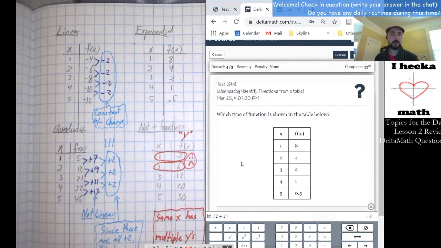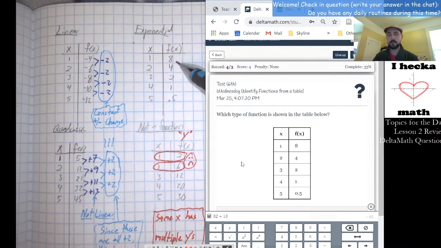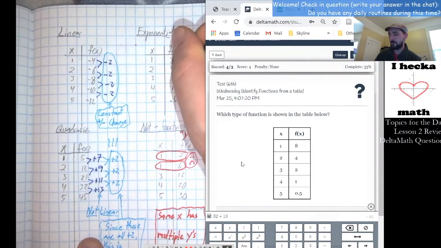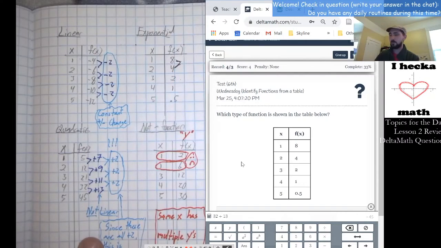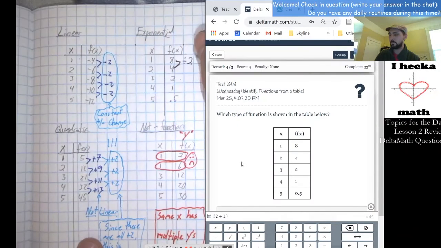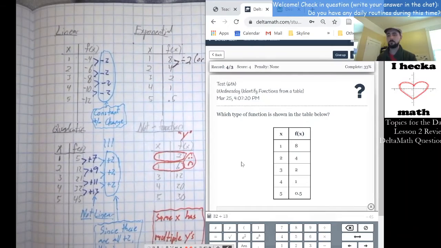All right, so the pattern here, to get from 8 to 4, you could do addition, and if you did, it wouldn't be the same. Instead, you'd have to notice that to get from 8 to 4, you are dividing by 2, or you can also think of this as multiplying by 1/2, right?